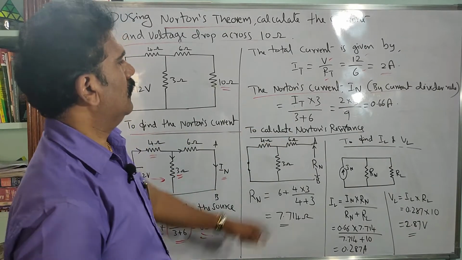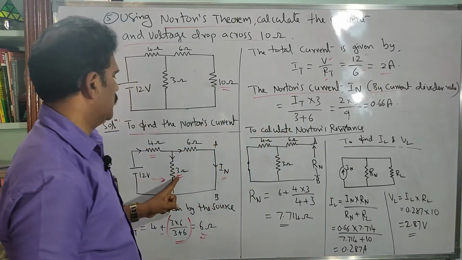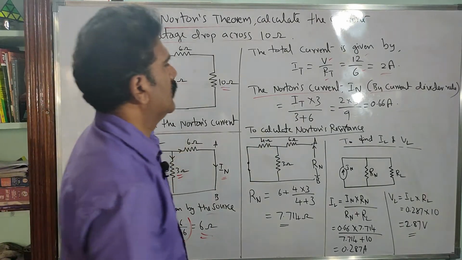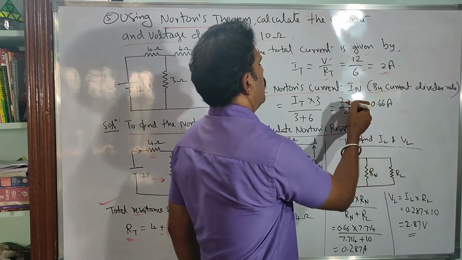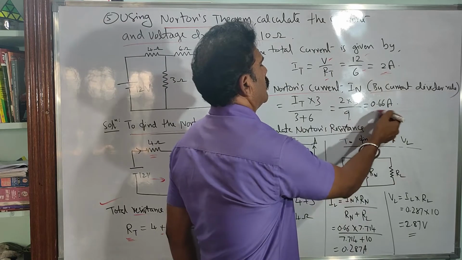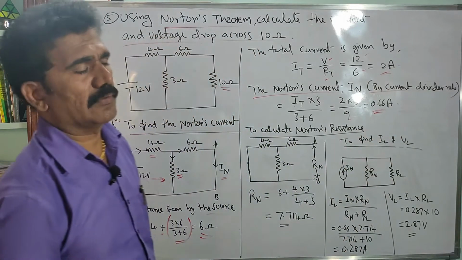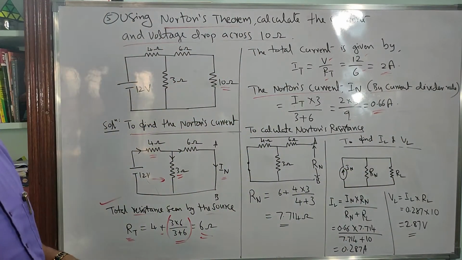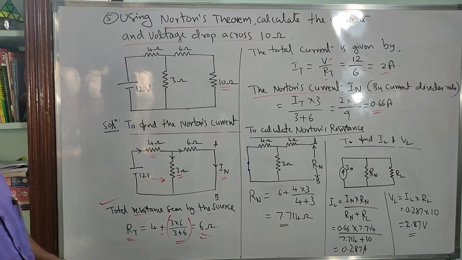Clear? So IT into 3 divided by 3 plus 6. IT is equal to 2 amperes, and 2 into 3 by 9 is equal to 0.66 amperes. Norton's current is calculated. So what is next?